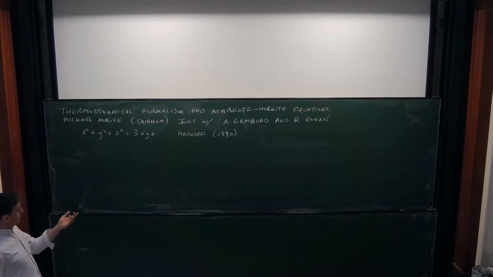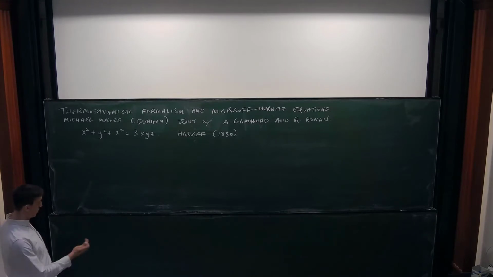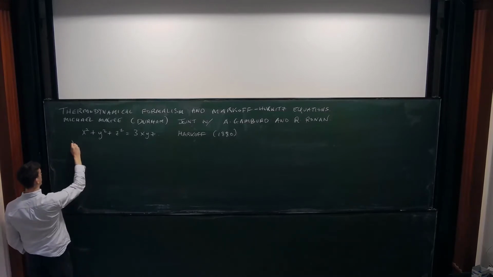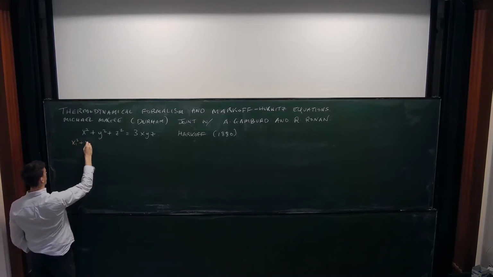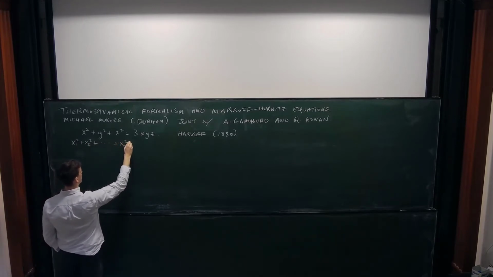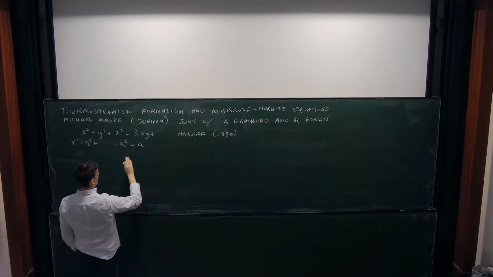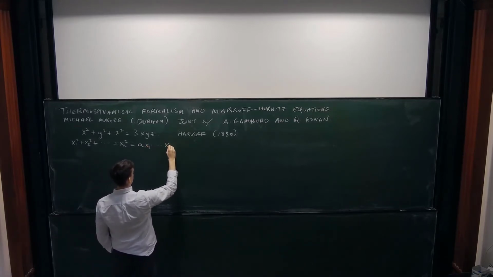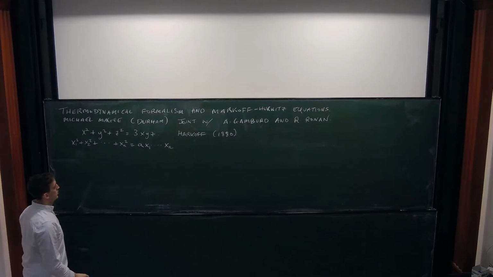Slightly later, Hurwitz also decided to study this type of equation, and he considered a generalization to more variables. So Hurwitz considered the equation x1 squared plus x2 squared and so on, so he now has n variables, and instead of 3, we put an a, and then we multiply all the variables together.